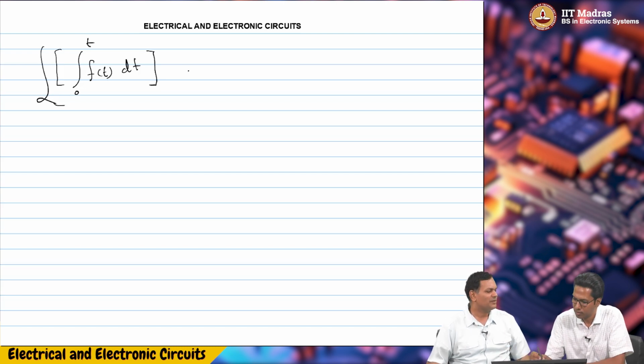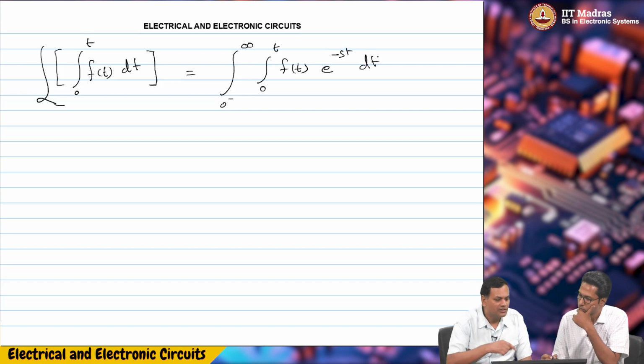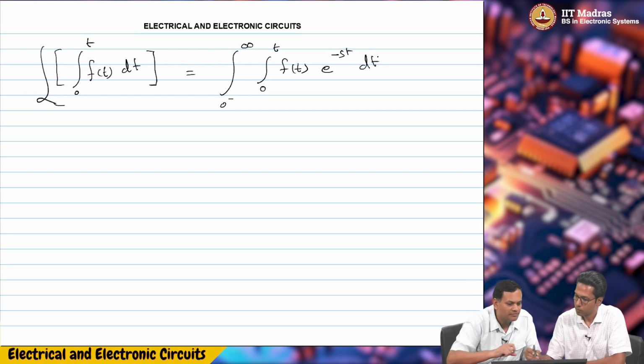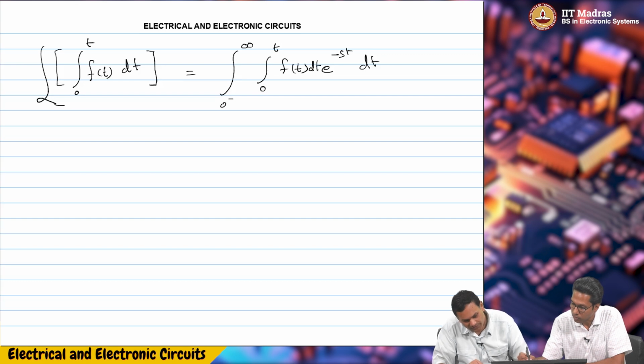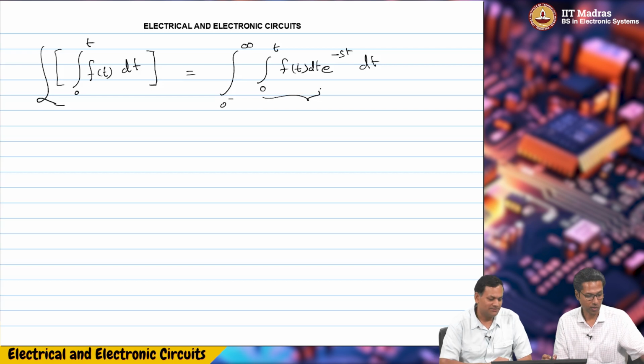We'll apply the definition of the Laplace transform. So that's integral 0 minus to infinity, integral 0 to t, f of t, e power minus st dt. Do you need one more dt here? Correct, because you have two integrals.